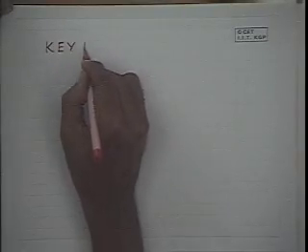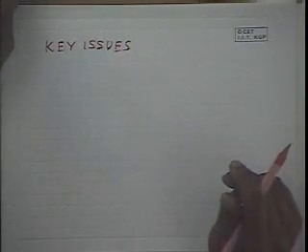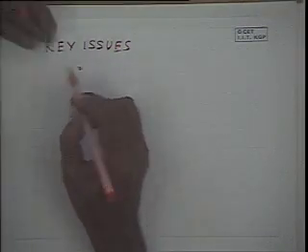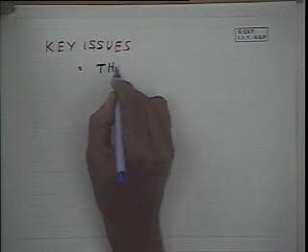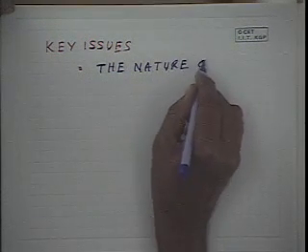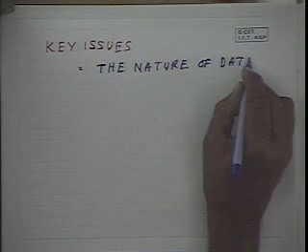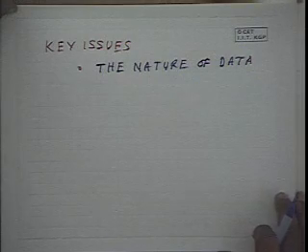Now, in this communication, let us try to understand what are the basic issues in data communication. So, what are the key issues in this mode of communication? First of all, it depends on the nature of data; we shall see what are the different forms of data, in what way they can be represented.